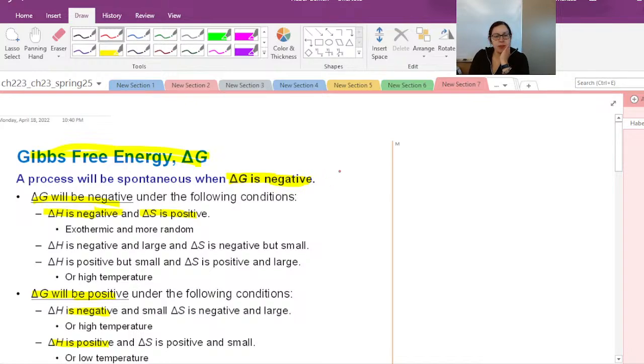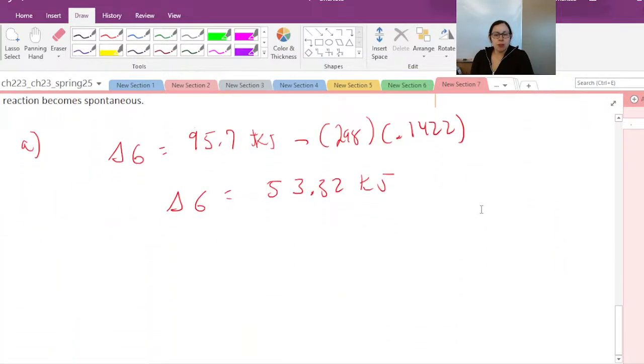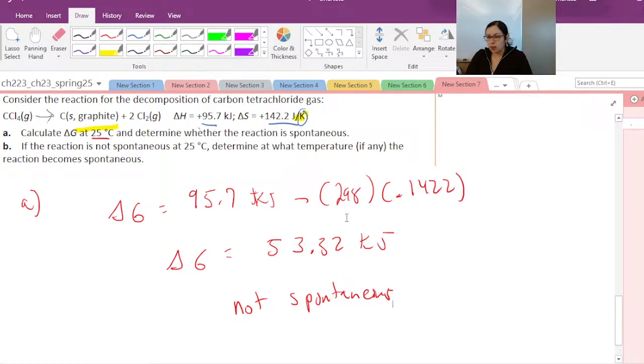That's part of the mathematical conditions, so star that. It's kind of confusing because it's negative, so it's a little different in our brain. So delta G has to be negative. Now we have a positive value, so not spontaneous, at least at this temperature condition.